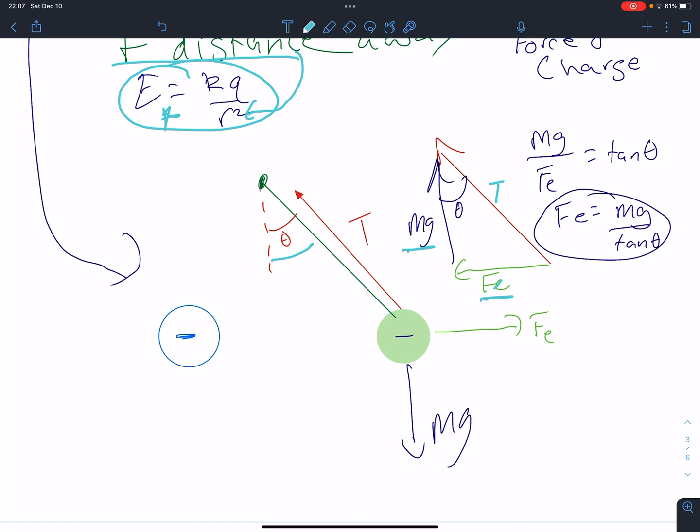It's got to pull to cancel those two out. And so what you can do with this is F_E over mg is equal to tangent theta, because this is the adjacent side and this is the opposite side, and you can solve for F_E. Once you find F_E, if you wanted to, you could do kq1q2 over r squared and solve for one of the charges. If both charges are identical, this could become q squared.